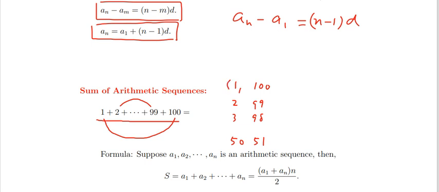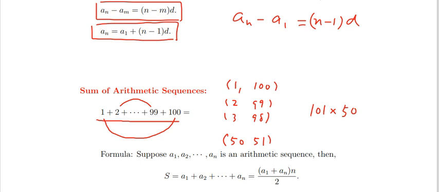So we have 50 pairs. Each pair sums to 101, so we have 50 of 101, right?